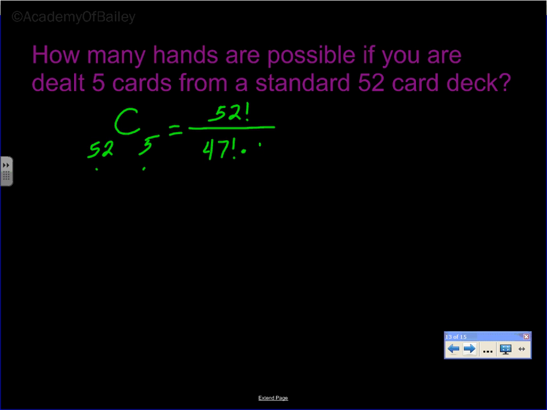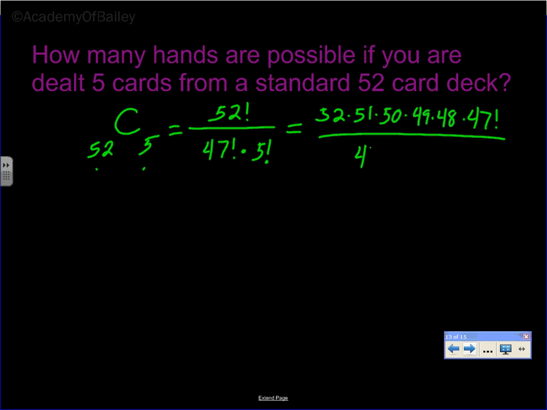And you're going to have a combination, so you multiply it by r factorial again, and in this case it's 5 factorial. So let's go ahead and work this out. 52 times 51 times 50 times 49 times 48 times 47 factorial. On the bottom, we have 47 factorial times 5 factorial.